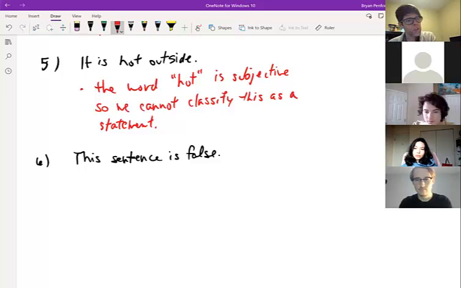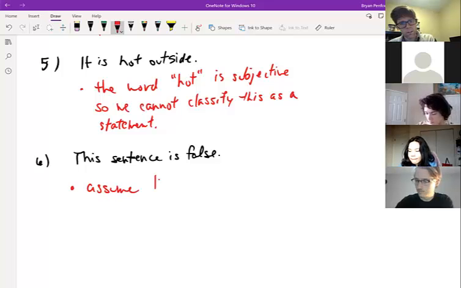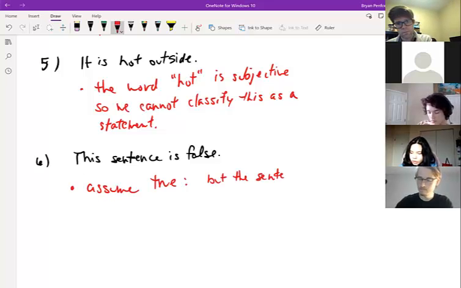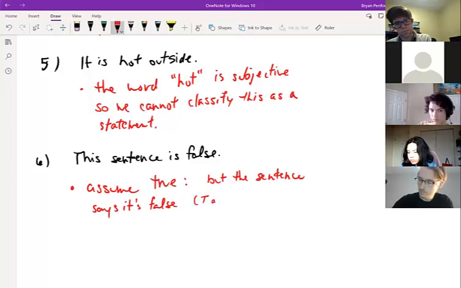So I'll try to write this down. This one's hard to write in words, but let's pretend. So assume true. Okay, so we assume that the sentence is true, but the sentence says it's false. Okay, and then we run into this situation where it's true and false at the same time.